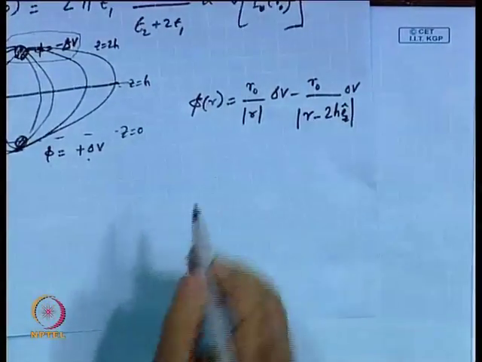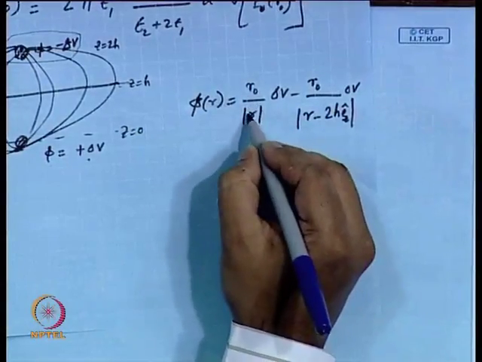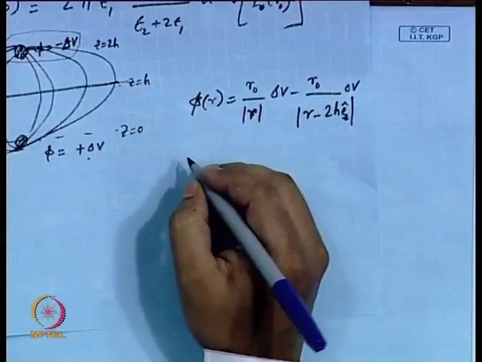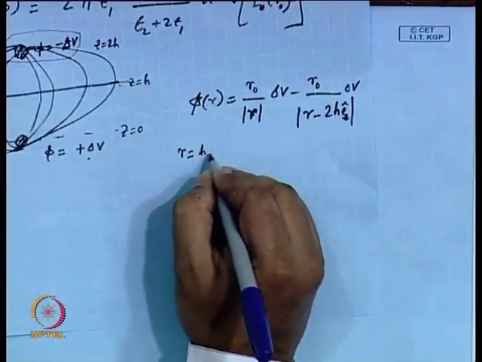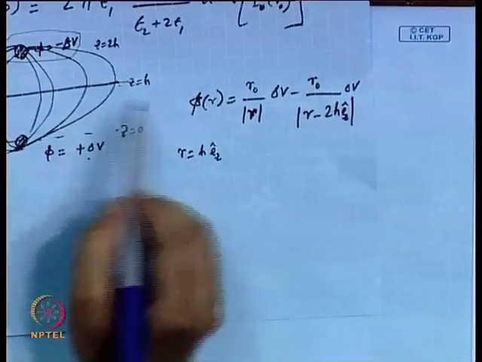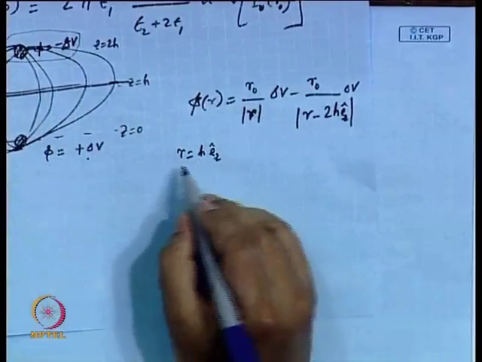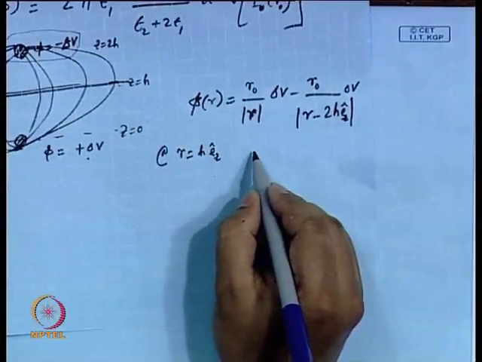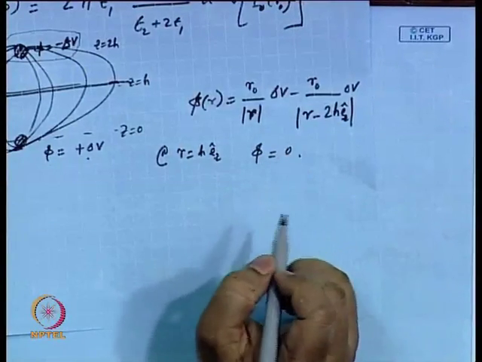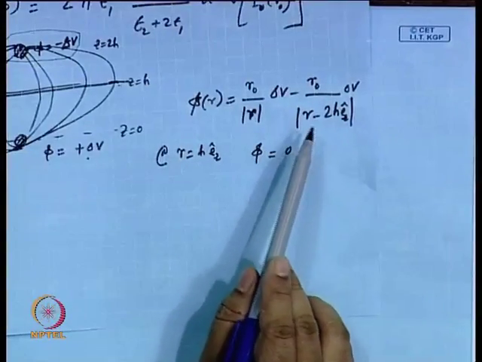So, this is the definition of phi(r) in this case. You can check it yourself. Say at r is equal to h e_z, that means where? This plane. At r is equal to h e_z, check what you have for phi. This should be equal to 0.